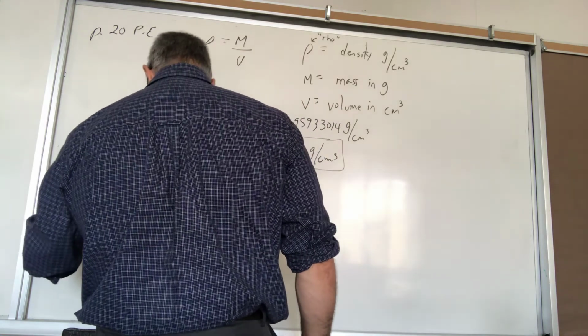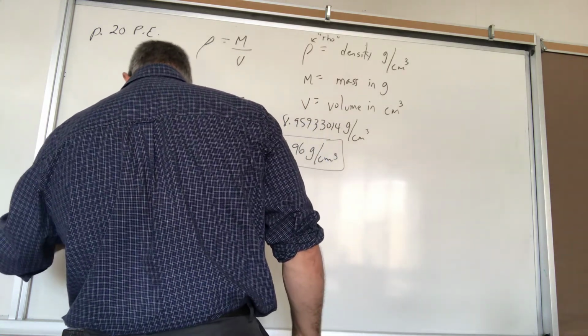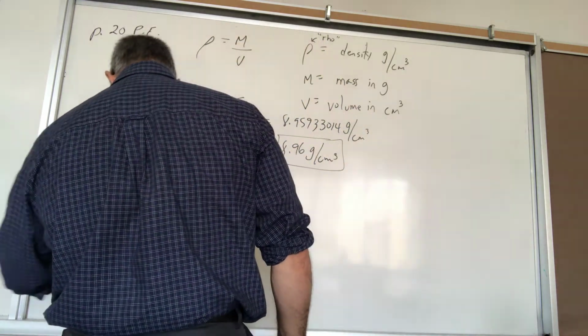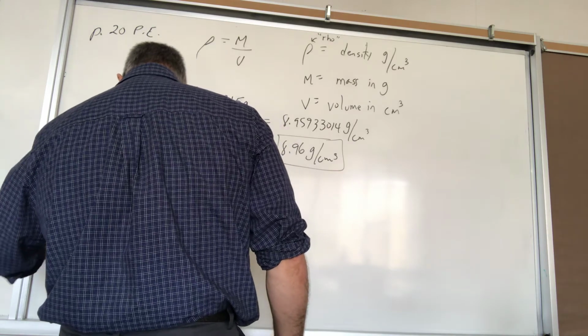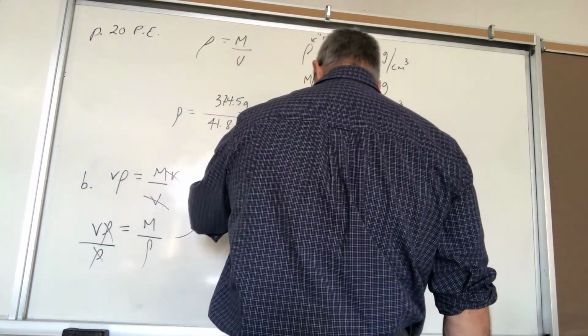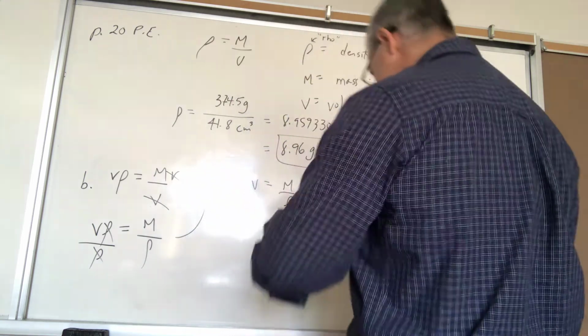So I'm going to write my modified expression, and I'm going to isolate V by dividing both sides by rho. Dividing both sides by rho cancels rho over there, and what do I get? V equals mass over density. So I've isolated the volume. Now I can plug in my numbers.